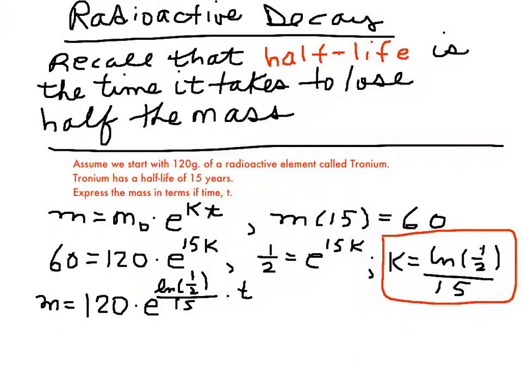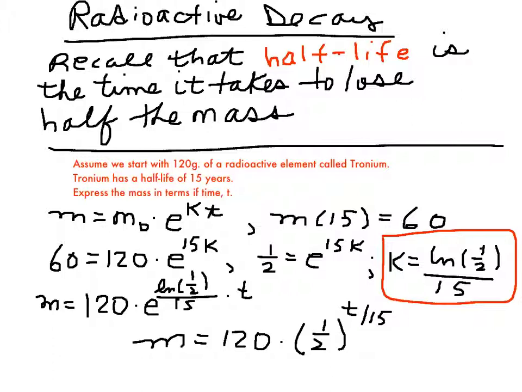And we can break this up and write it as e to the ln of 1/2 raised to the t over 15. And so you should know enough about your theory of exponents to know that this is going to be 120 times 1/2 to the t over 15. And that's our final result.